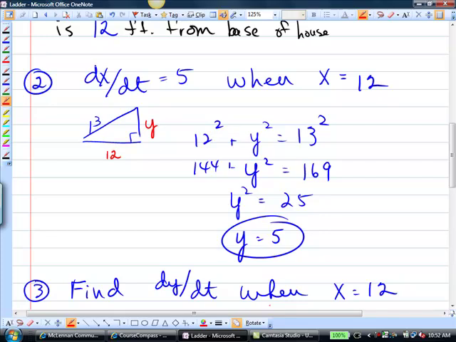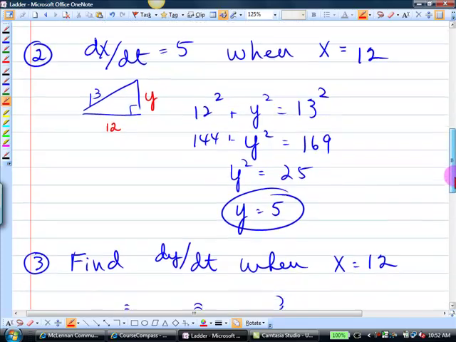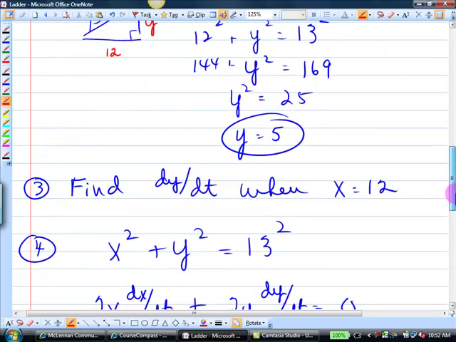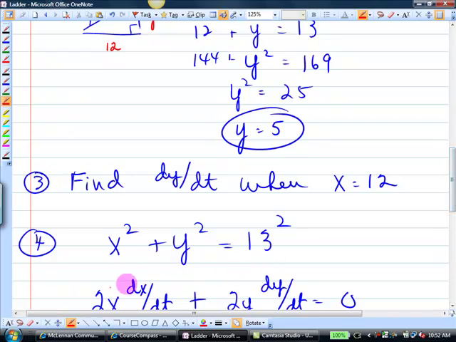We're supposed to find dy/dt. All right, here's our equation that relates those. Number 4, the step: x squared plus y squared equals 13 squared. You'll write that, and then we're going to take the derivative of that.